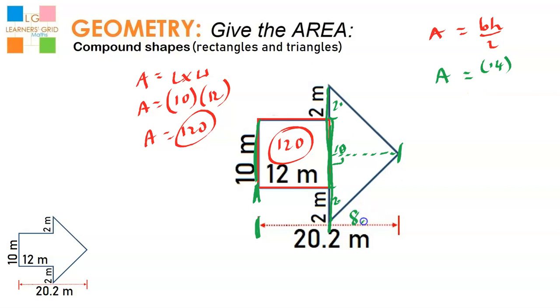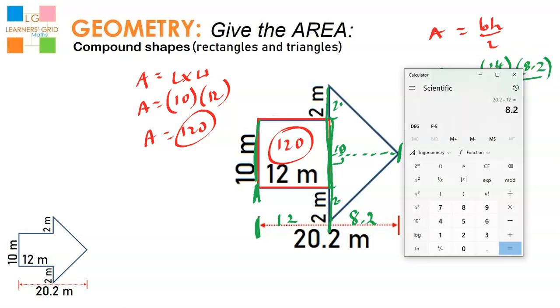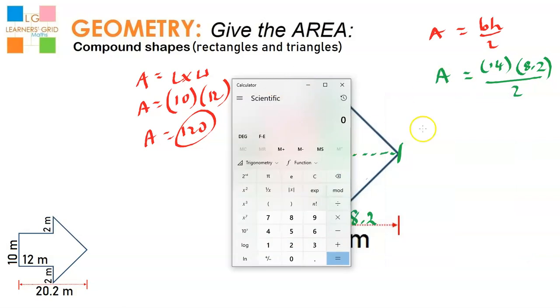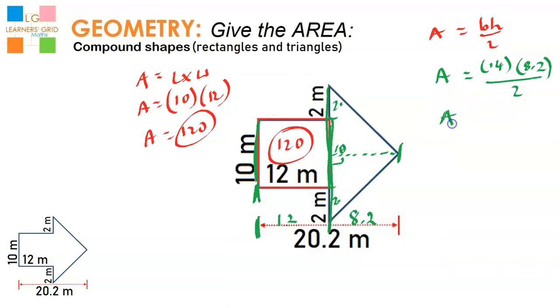So I know that this bit here is 8.2 because this bit here is 12. So 8.2 is the height, and I divide that by 2. So 14 times 8.2, divided by 2, equals 57.4. Okay, so that's the triangle.